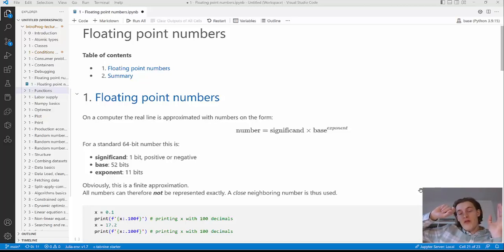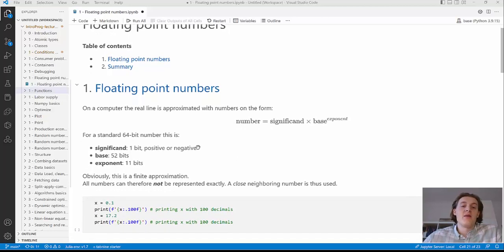Then you can also remember that there are infinite decimal numbers, because there are infinite points on that line. That's 0.35, that's 0.356, and you can do that infinitely many times. And computers don't really like infinity because they have finite memories. So what they do instead is approximate these infinitely many numbers by a finite number of numbers.